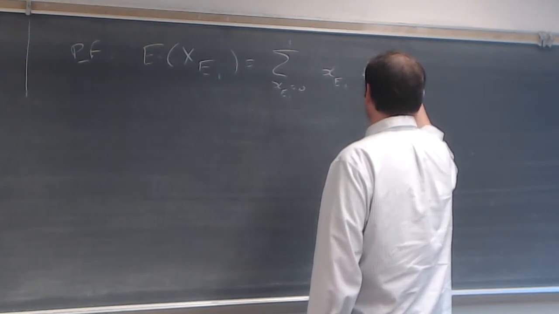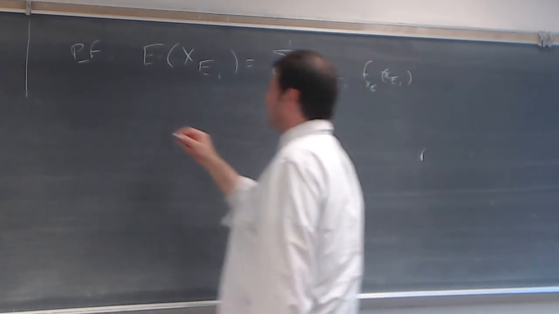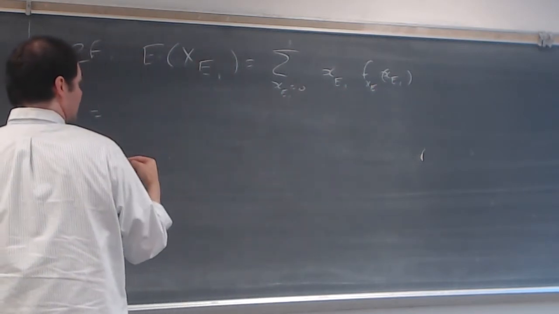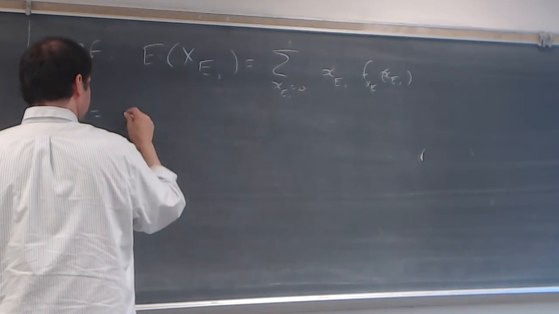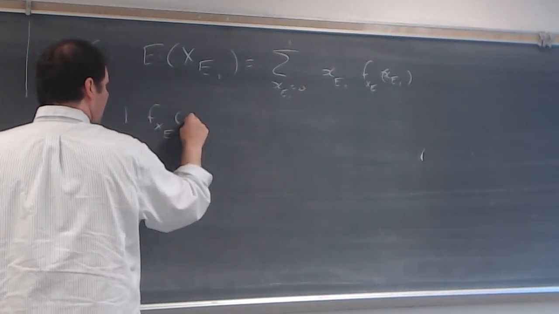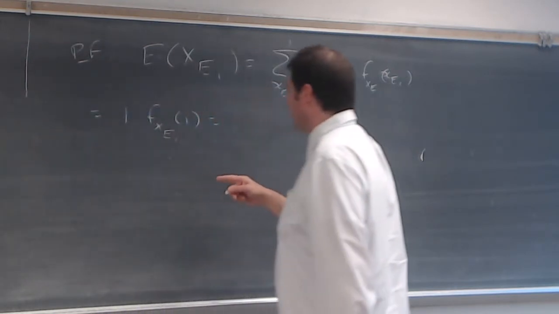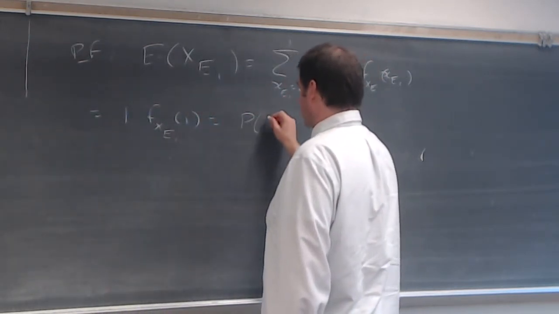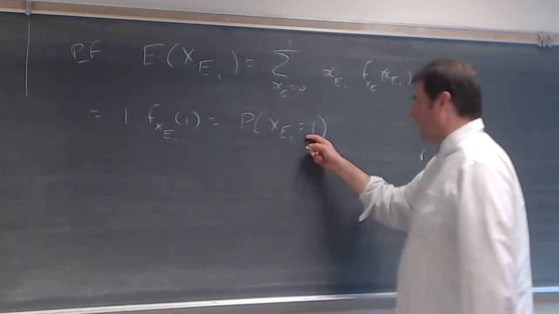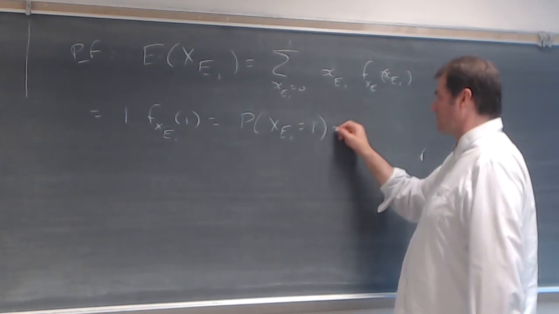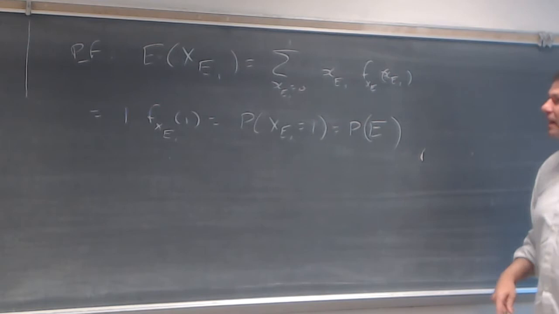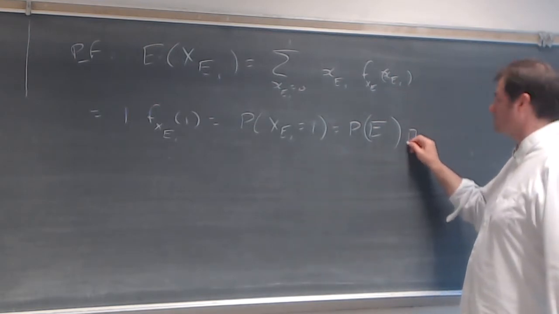When X sub E sub 1 is 0, we're just going to get 0. So the only thing of consequence here is 1 times f sub X sub E sub 1 of 1. But that's nothing more than the probability that X sub E sub 1 equals 1. And the only time that X sub E sub 1 is equal to 1 is when E occurred. So that's the probability that E occurred. And so that ends the result.